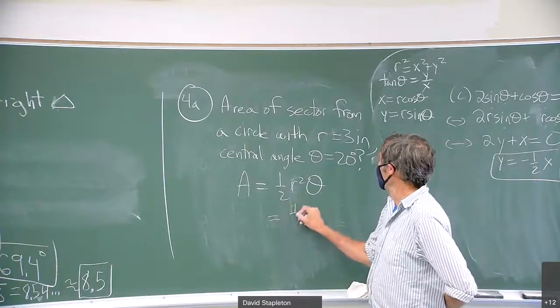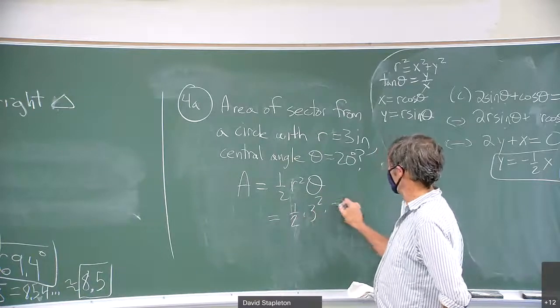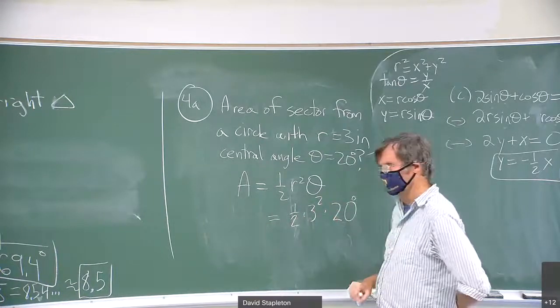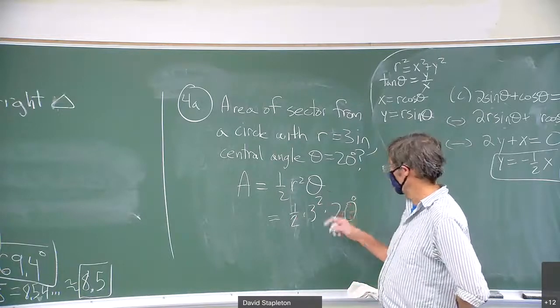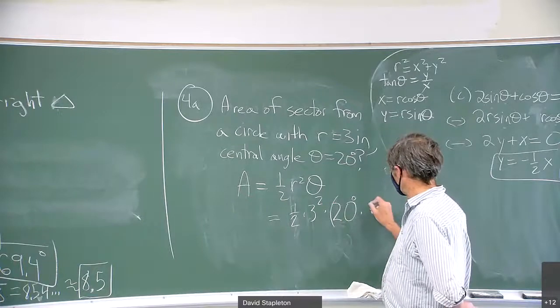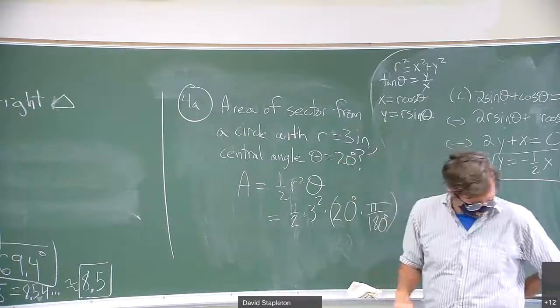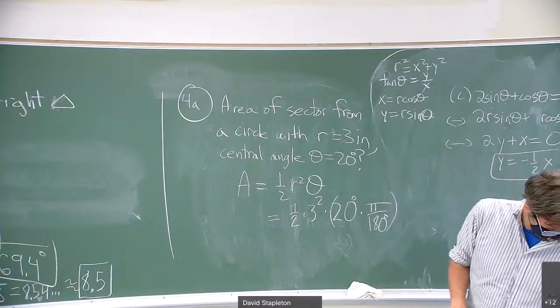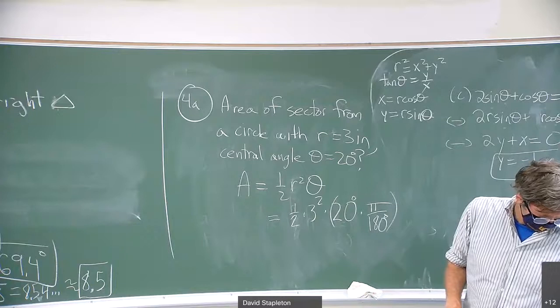You simply put 1/2 times 3 squared times 20 degrees, and you're wrong. Why? This formula only works in radians, so you have to convert this to radians. 20 degrees times pi over 180. Now, I think I've asked you for an exact answer on this problem. When I ask you for an exact answer, make sure you simplify the result.